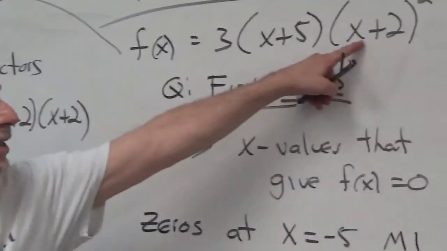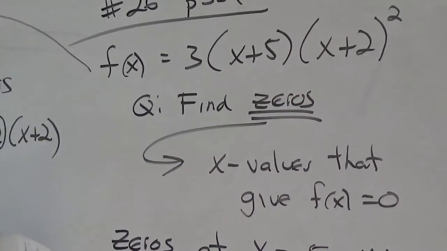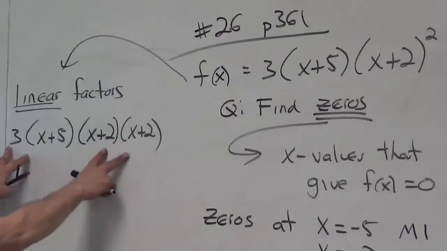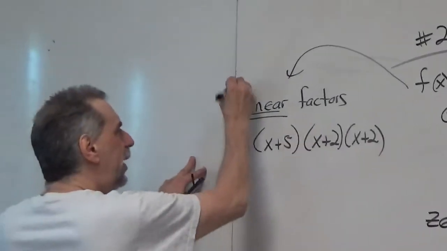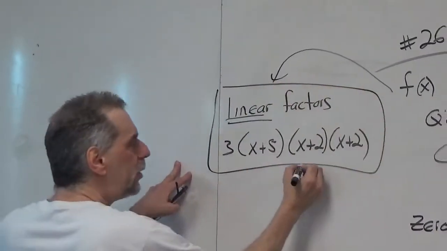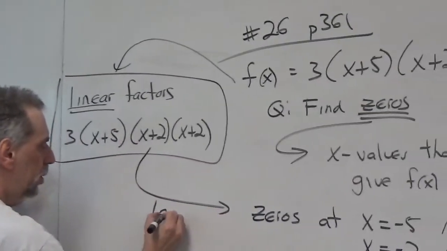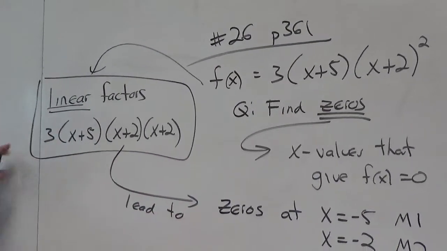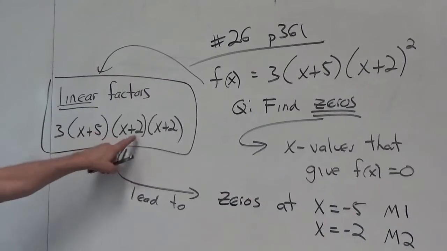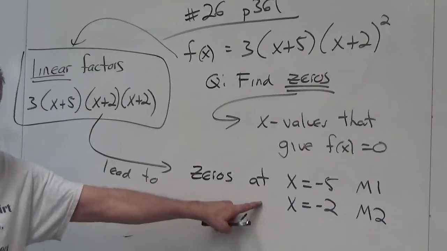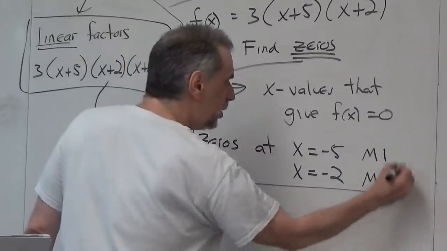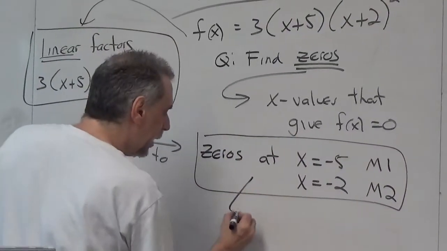You can write it like this if it helps, but remember that the multiplicities are important. So these are the factors. The factors lead to the zeros. Once you know the factors, you set each factor equal to 0 to get the zeros. The zeros lead to the x-intercepts.